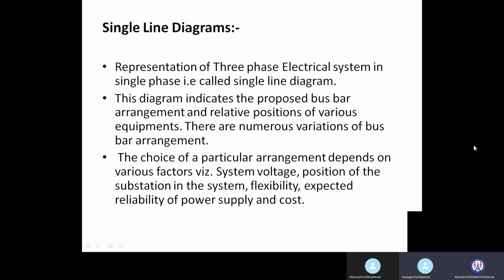Then a 400 kV system, fault current 50 kA, and again a 400 kV system, fault current 63 kA, duration 1 second. And in the last a 765 kV system and fault current 50 kA for 1 second. So this is the standard fault current rating based on voltage level.